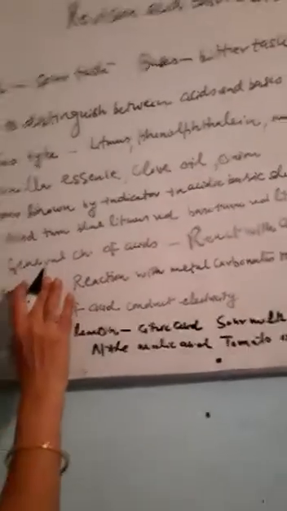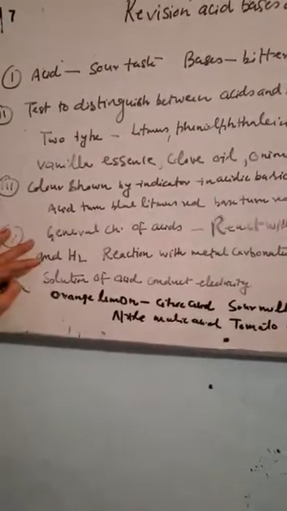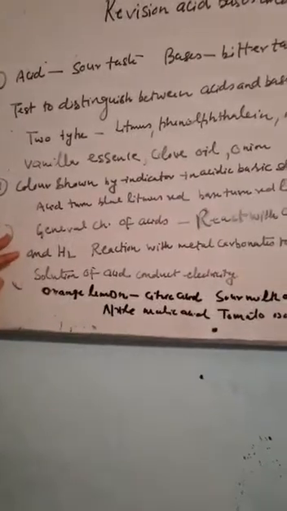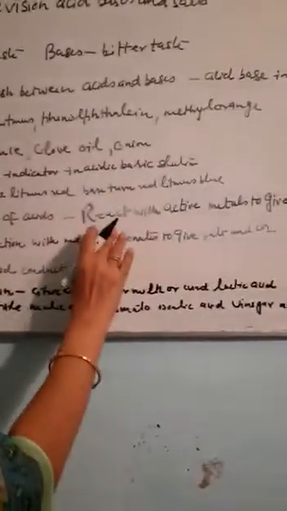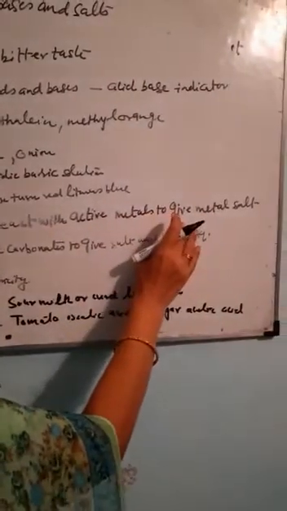Now, there are some characteristics of acids. First, acids are sour in taste. Then, there are some chemical properties of acids: acids react with active metals to give metal salt and hydrogen.